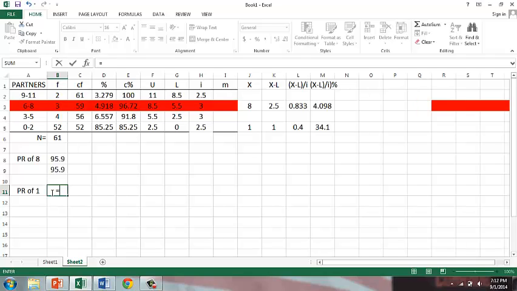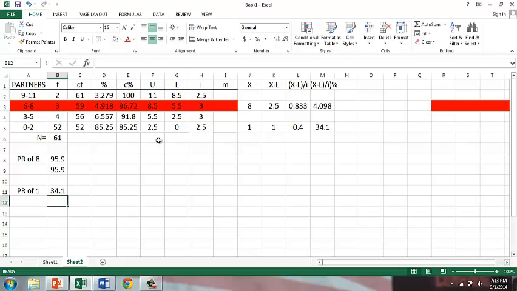And in this case, our score is in the very first interval. There are no intervals below it. And so the cumulative percent below it is 0. Plus our second term. This means that someone with one partner has as many or more partners than 34.1% of the sample, or 34.1% of the sample has one or fewer partners.